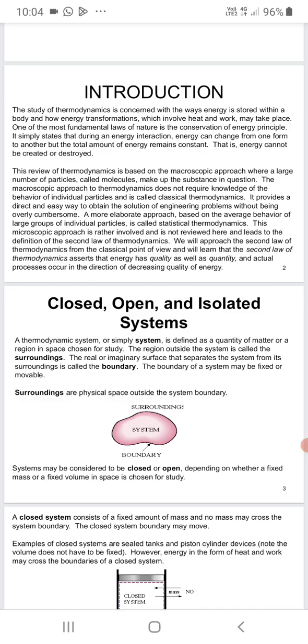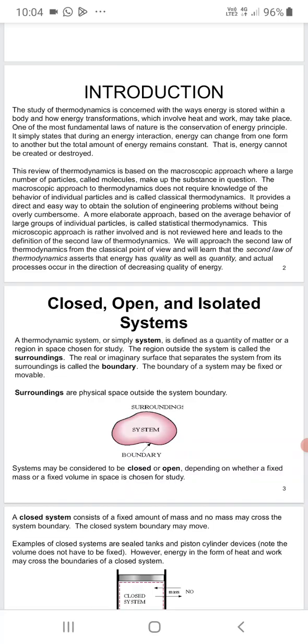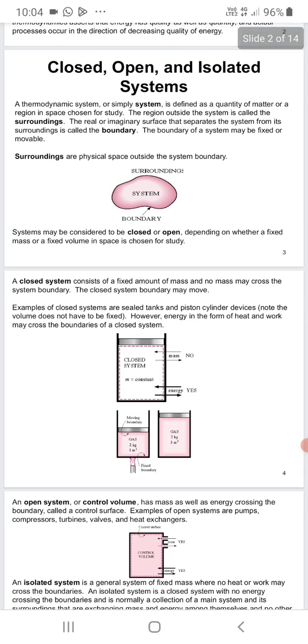Other things from outside will not disturb it. An open system means the heat energy will be transmitted either through pipes or something, and it will be moving and used. That is the open system. An isolated system means there will be no interaction, no intervention of energy or mass also. So some examples are there.